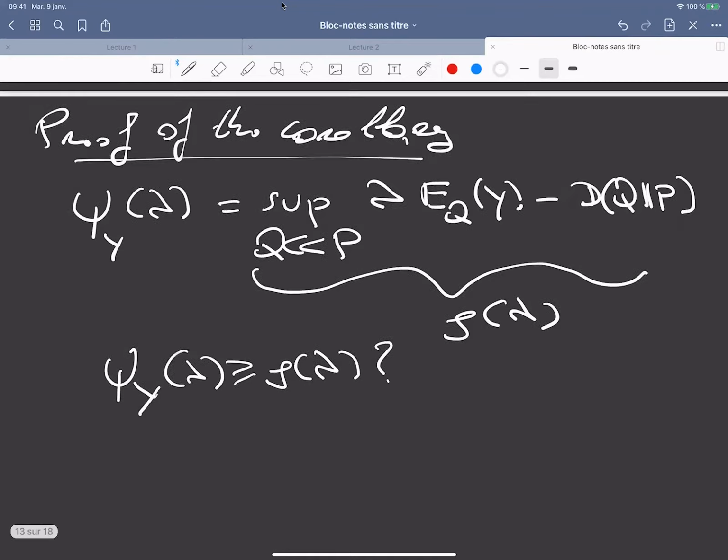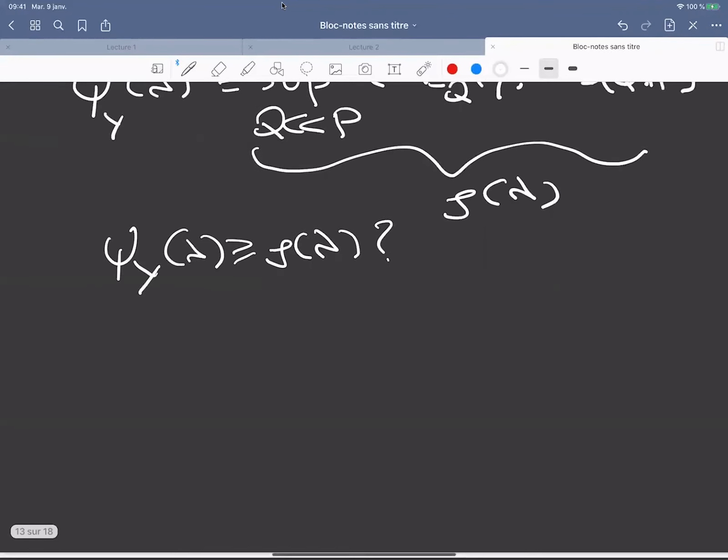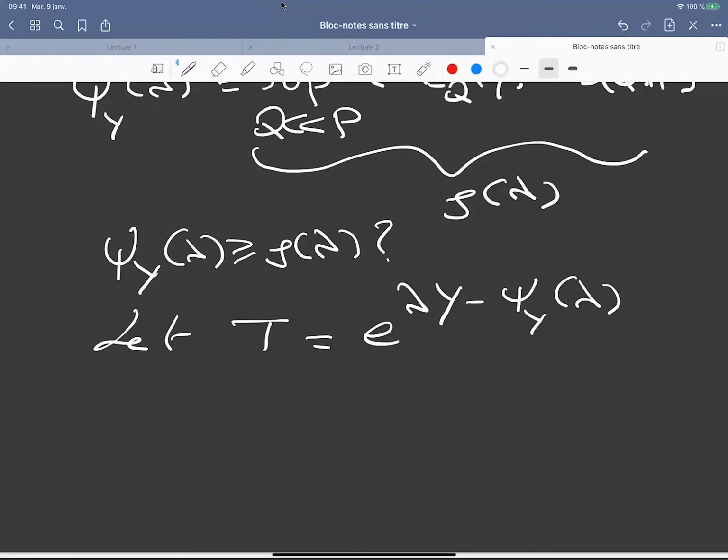For this, we use the direct sense of the duality formula. We just consider t, which is equal to exponential of lambda y minus psi y of lambda in the duality formula.